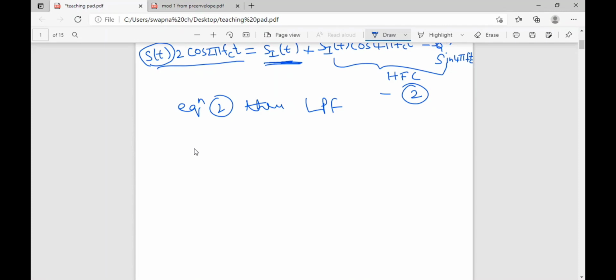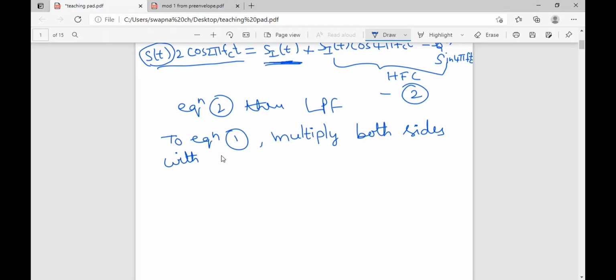So in order to get Sq of t, now to equation 1, multiply both sides with, one second, I'll just erase this.